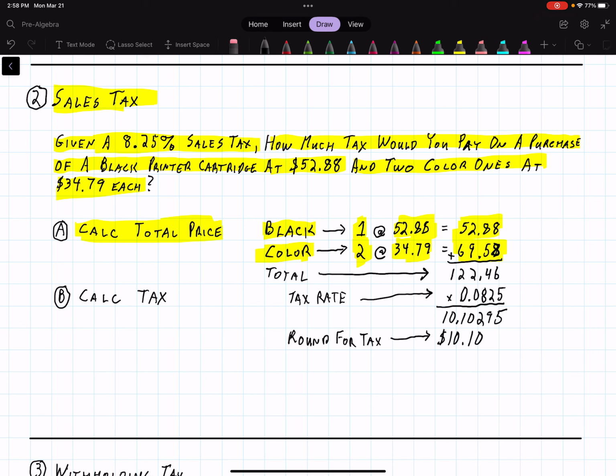So now, when we total that up, we find our total price. Our total price is the addition of the first two numbers from our line items, the black ink cartridge and the color ink cartridges. All right, and that's $122.46. So now we have to calculate the amount of tax.